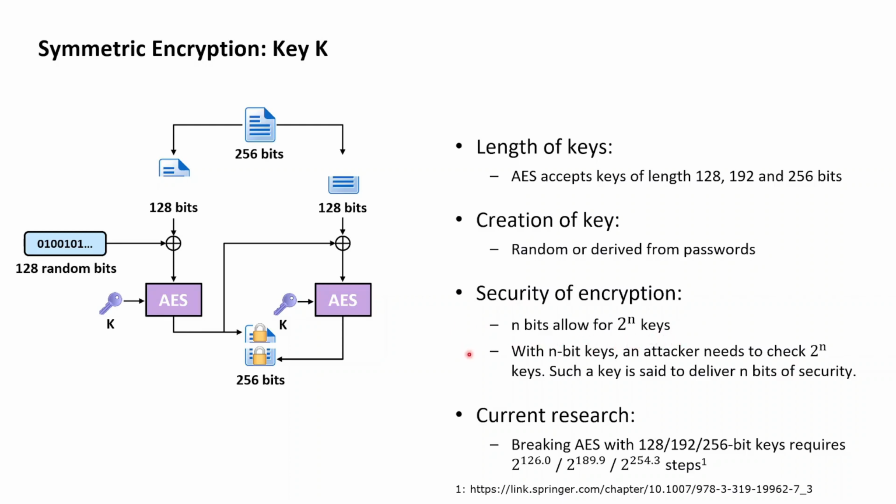Hence, for an n-bit key, an adversary needs to try all 2 to the power of n keys, and such an n-bit symmetric key is then said to deliver n bits of security.